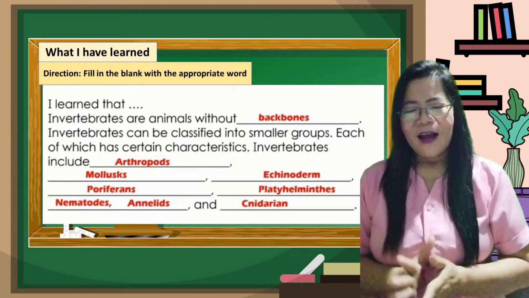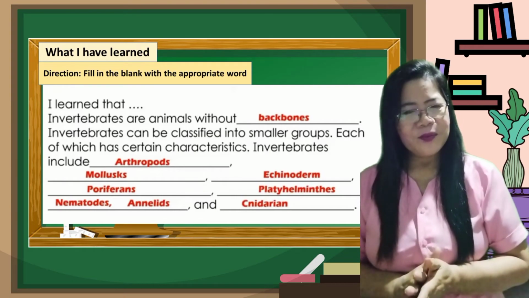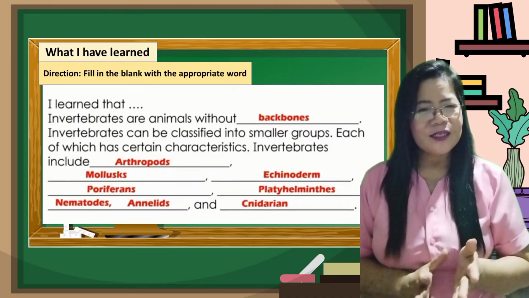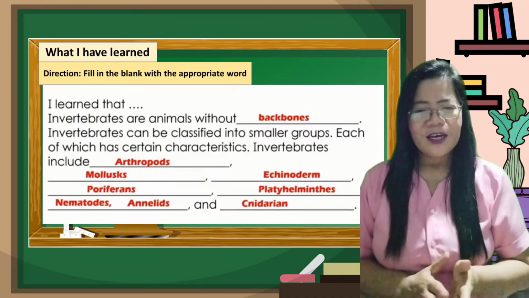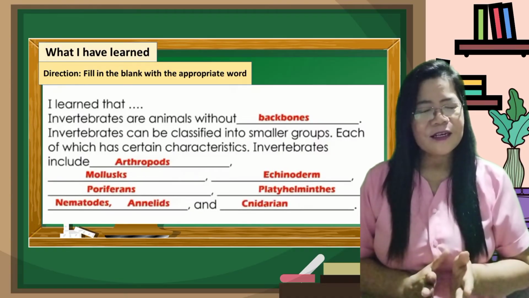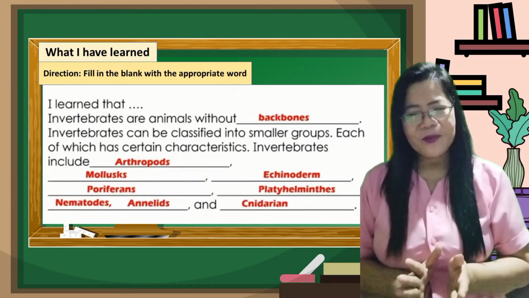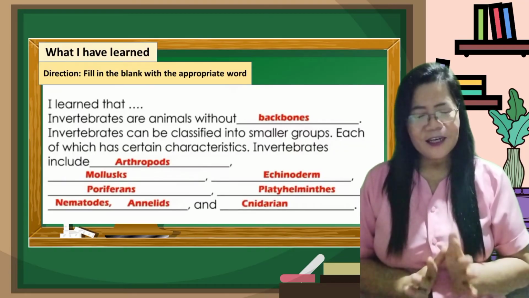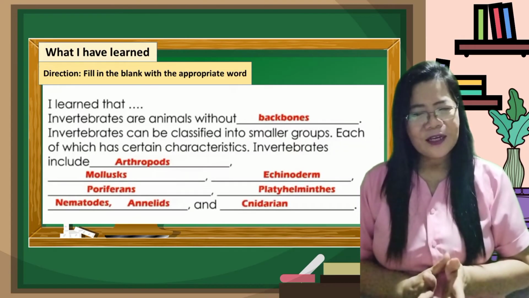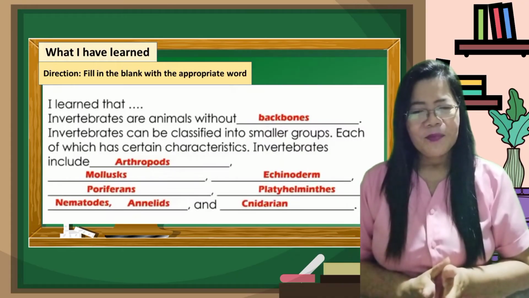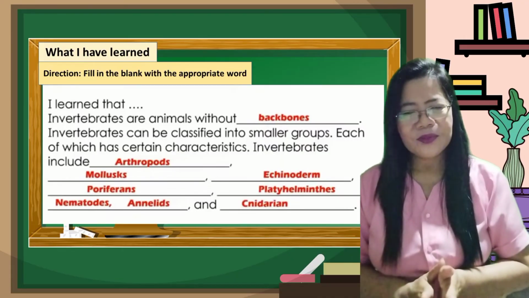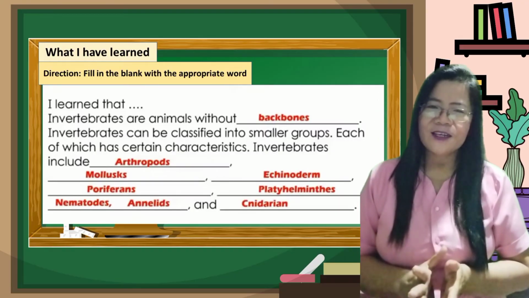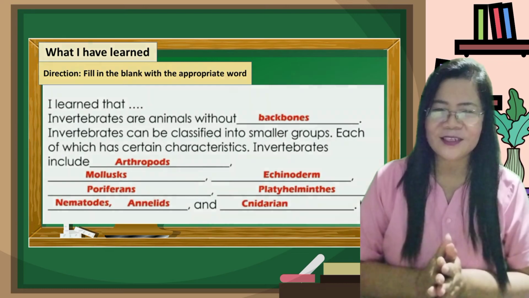So here, I learned that invertebrates are animals without backbones. Invertebrates can be classified into smaller groups, each of which has certain characteristics. Invertebrates include arthropods, mollusks, echinoderms, poriferans or sponges, platyhelminths, nematodes, annelids, and cnidarians. Congratulations, you got it. Very good, class.